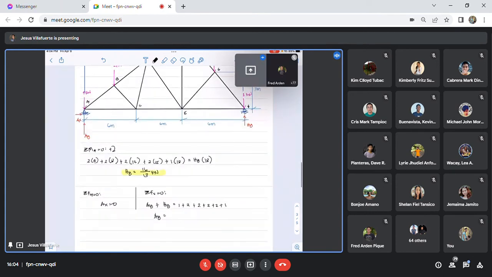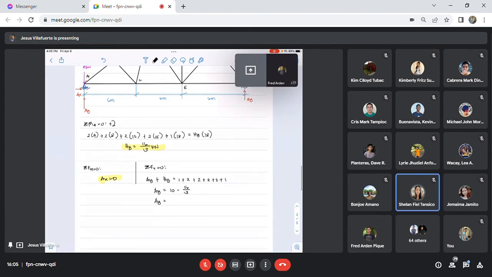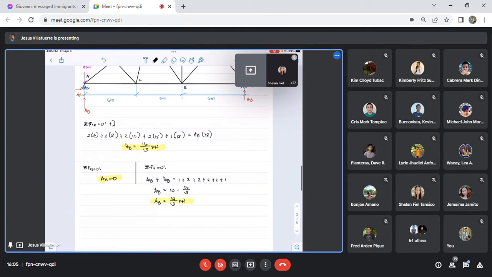That's 10. So, 10 minus 16 over 3. So, 30 minus 16, that's 14 over 3, sir. So, this is 14 over 3 kilonewton.